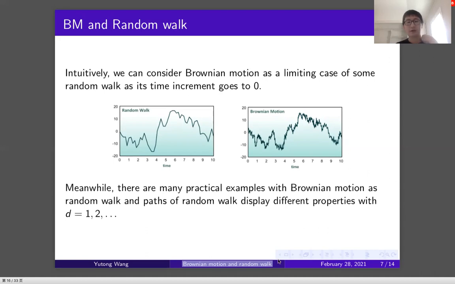Also, there are many practical examples of Brownian motion as random walk. In this presentation, I want to talk about dimensions 1, 2, and 3. Basically, I will focus on dimension 1 and dimension 2, since dimension 3 is much more complicated.